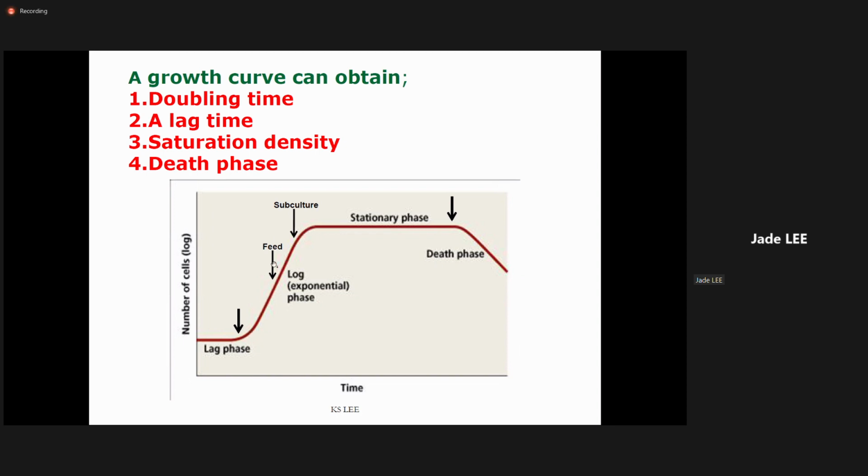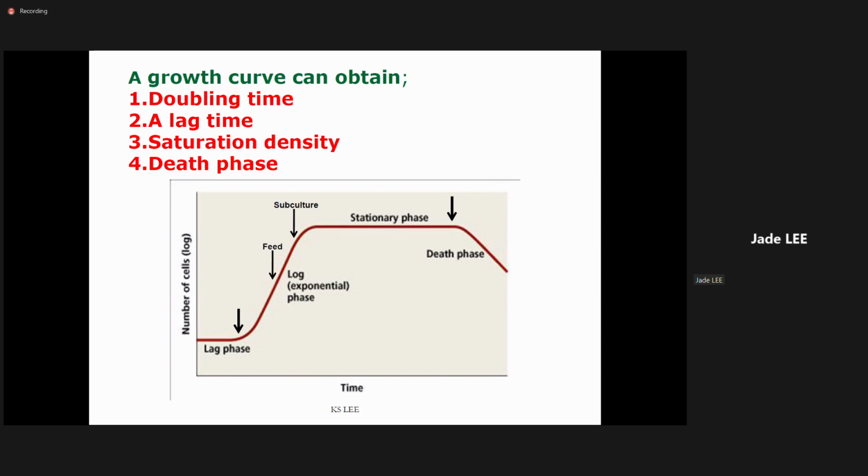And you can feed them with a new batch of medium. Until they are almost reaching the stationary stage, this is the time for you to do subculture.